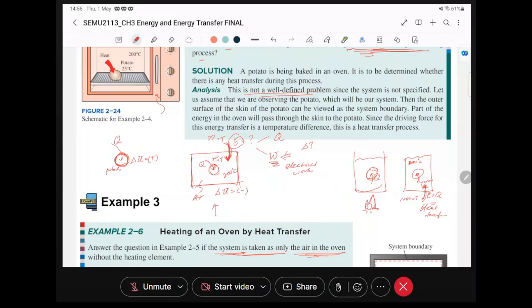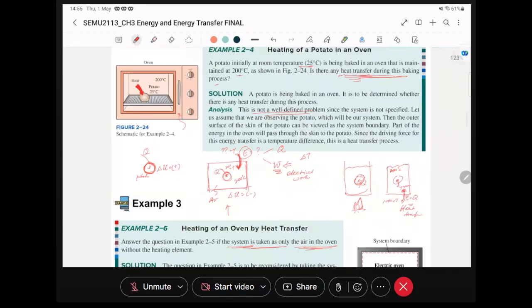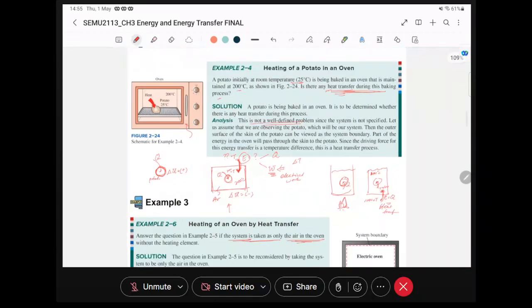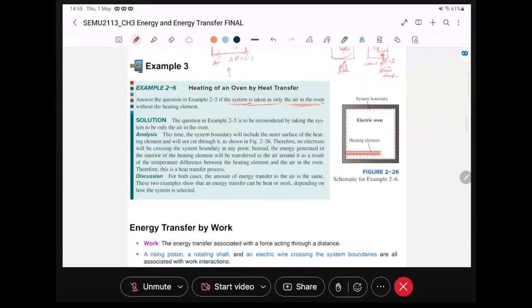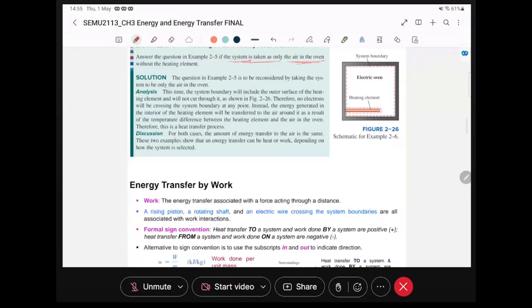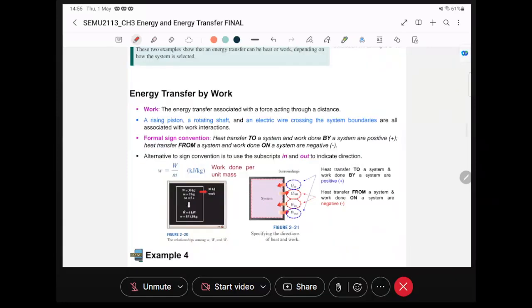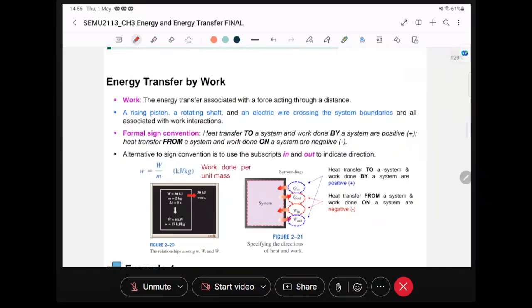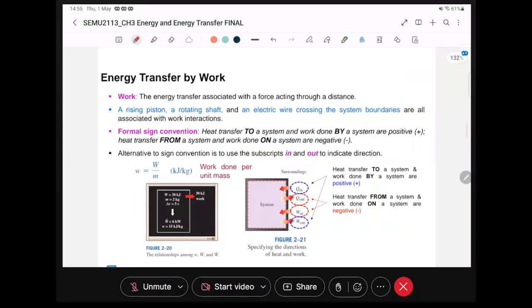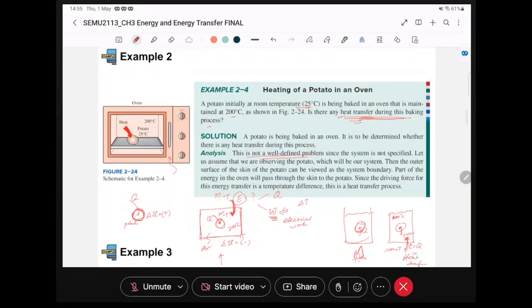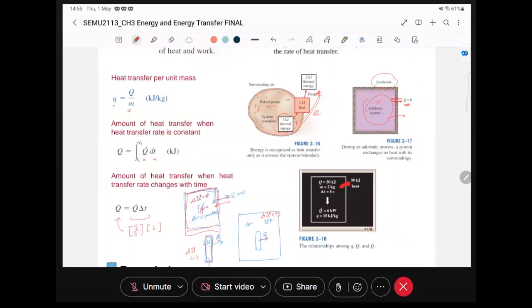So it's just a different form of energy that we try to identify. So really, to differentiate between heat and work is whether it is driven by temperature difference or not. Okay. And just now was mainly heat, Q.